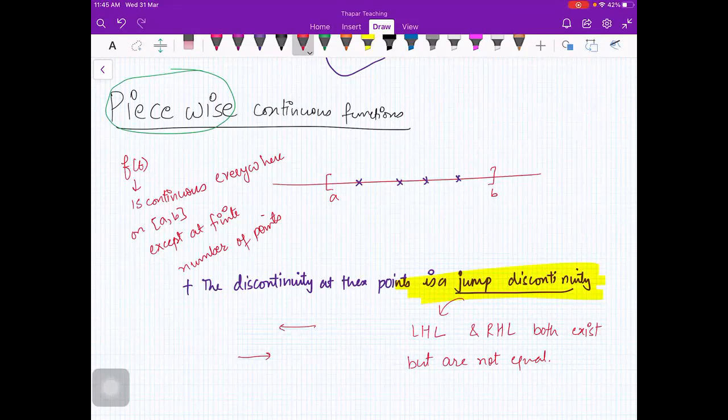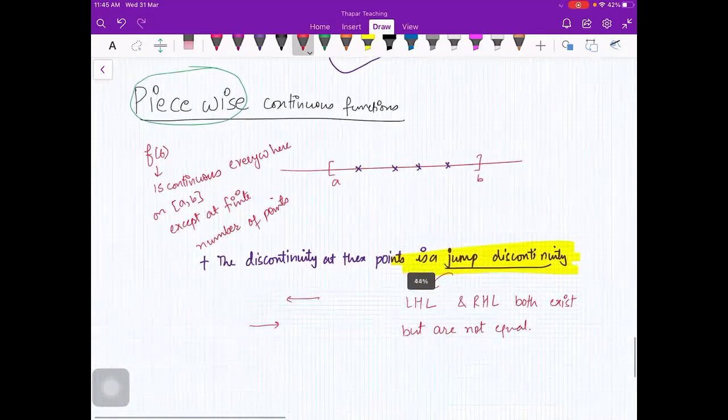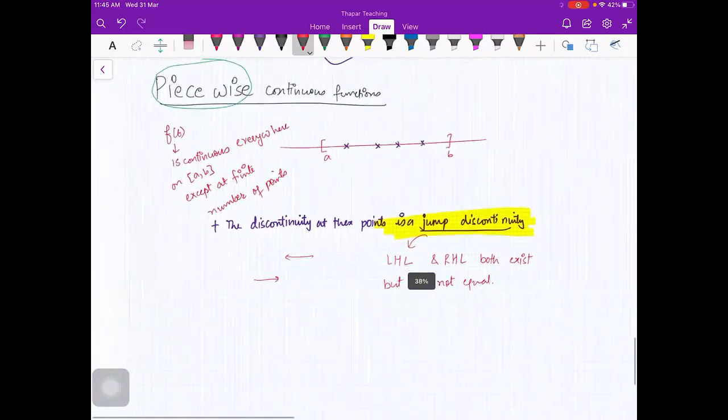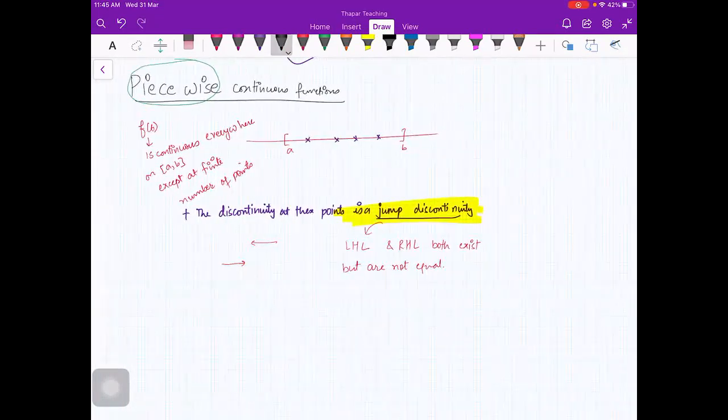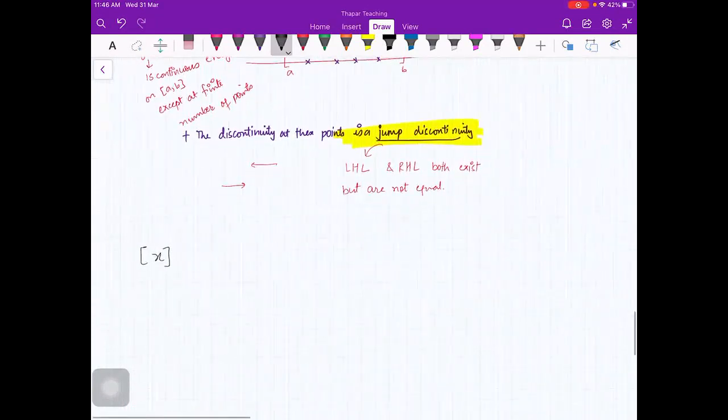Fine. So let me discuss some examples of piecewise continuous functions. Can you give me any example? जो functions आपको already known हैं, उनमें से आप सोच सकते हो कोई function जो piecewise continuous हो? GIF of x, the greatest integer function. Good. So if you look at this greatest integer function, इसका ग्राफ कैसे बनता है?